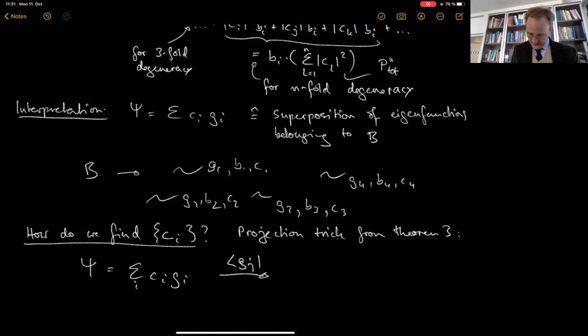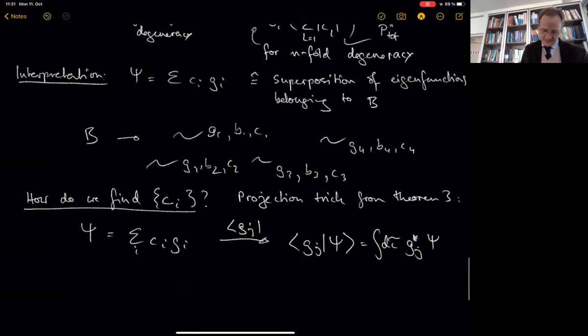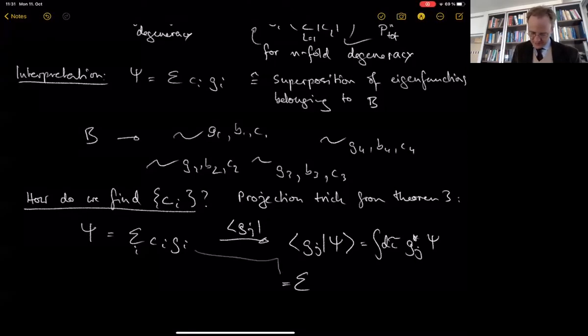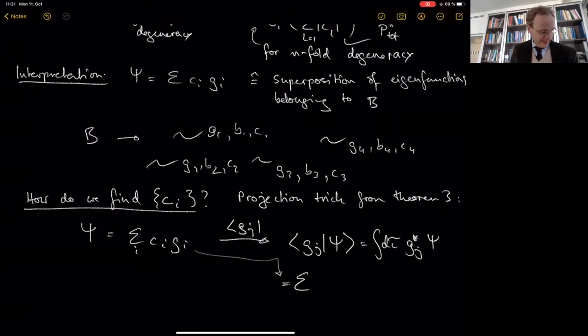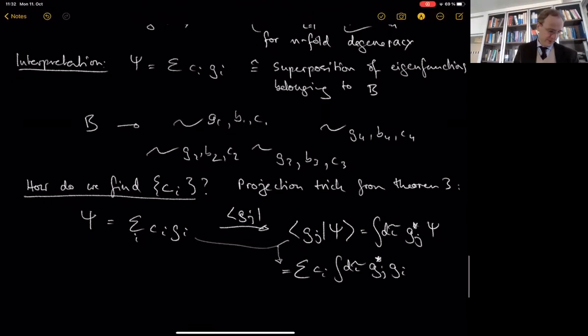And so the integral d tau gj psi becomes, thanks to your series expansion, nothing else than ci d tau gj gi, which again is our Kronecker delta.